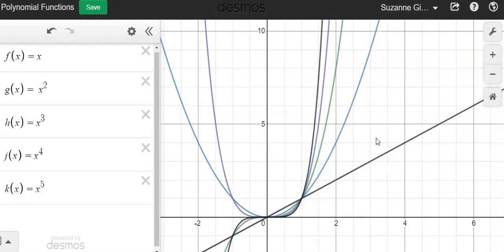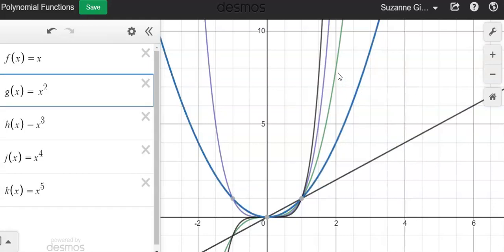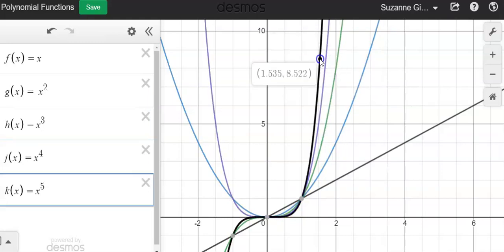And you can see from this graph, g of x equals x squared, h of x equals x cubed, j of x equals x to the 4th, and k of x equals x to the 5th. So as you increase the degree of the polynomial, the growth rate also increases.